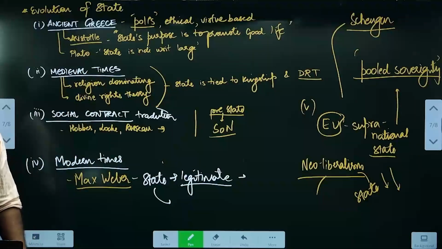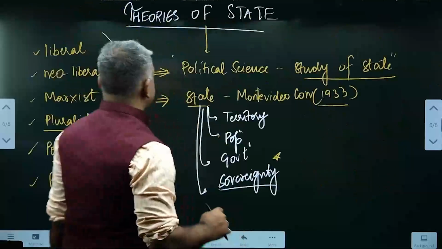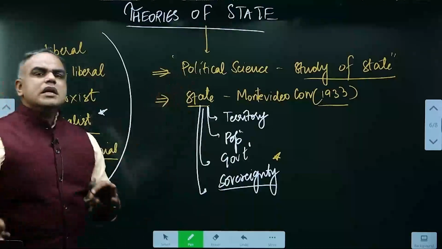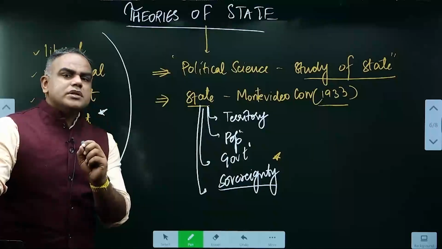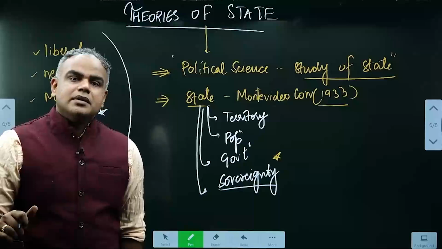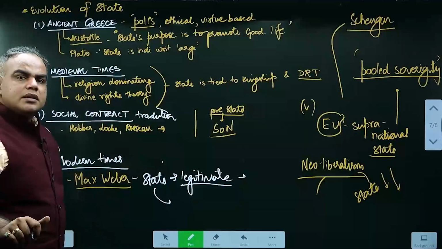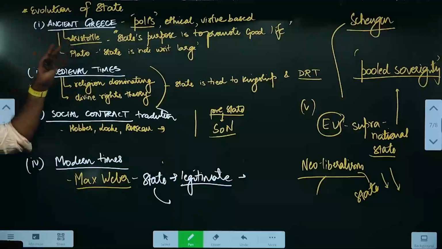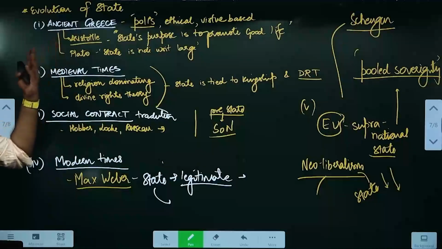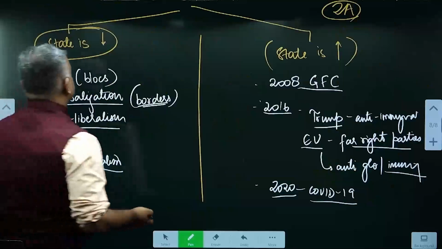So this is one. Okay. So what we have seen first is that in political science, the role of state is very important. That is why it is said political science is nothing but the study of state. Okay. Second is the evolution of state that you have seen, from ancient times to medieval times to modern times, social contract tradition, etc. How has state evolved?